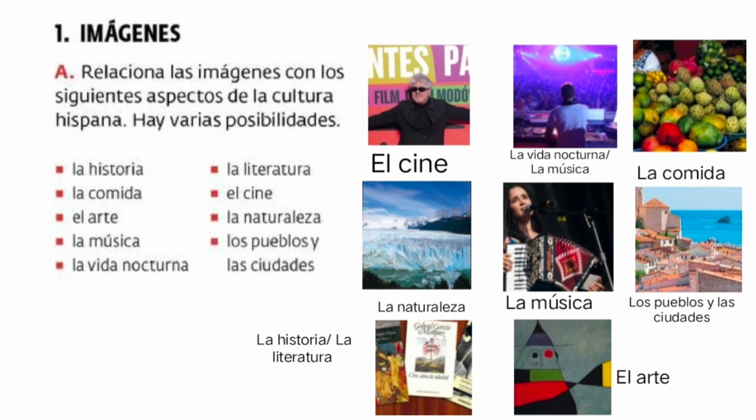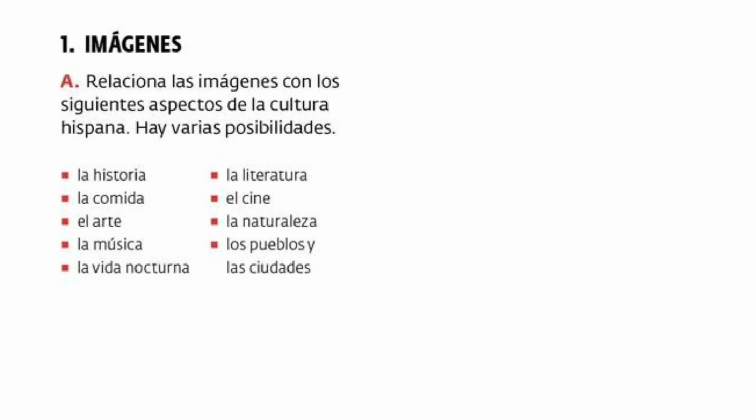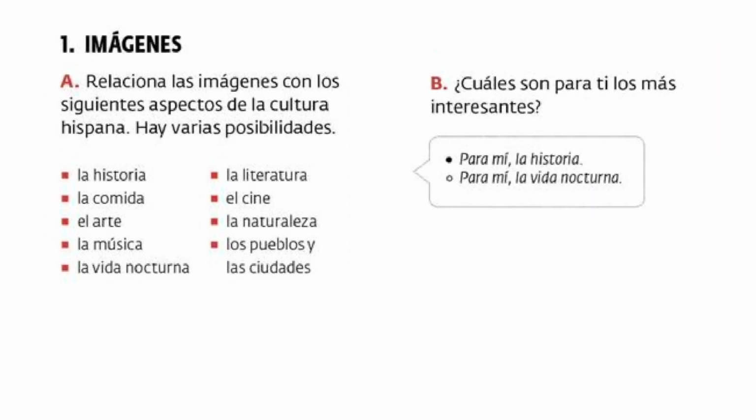This is the vocabulary. Now what you guys can do is, ¿cuáles son para ti los más interesantes? Like, what are the things that are interesting for you? From this list, you can just choose the things that you would like to do in your life and you can just comment it below, okay?